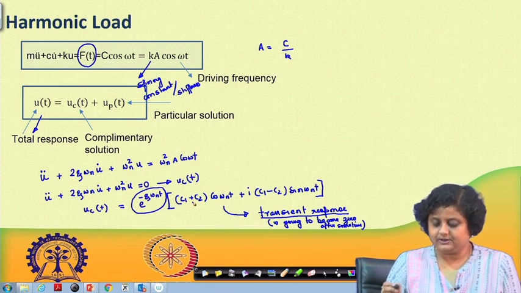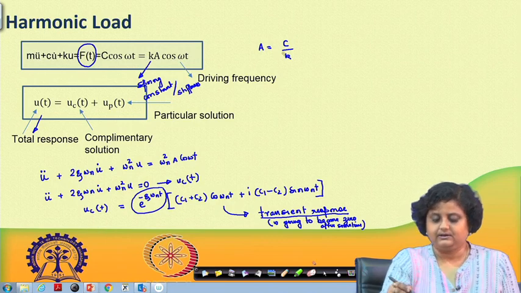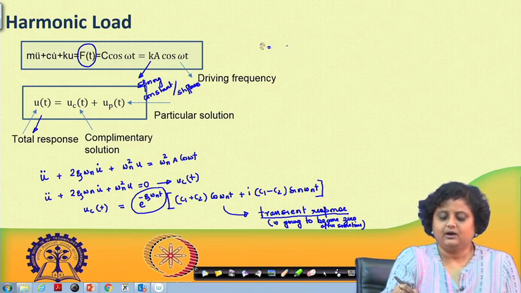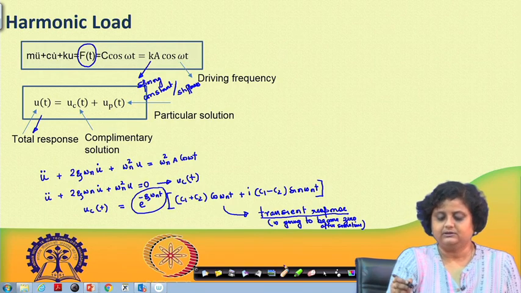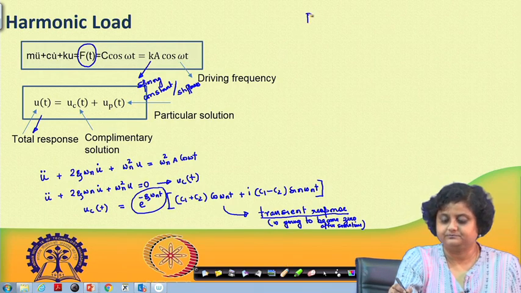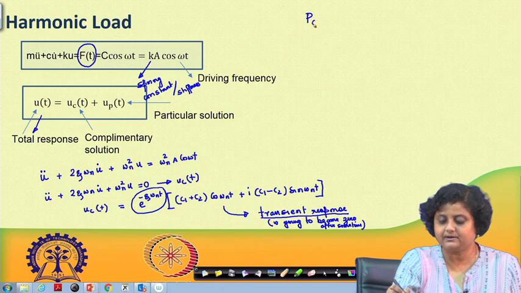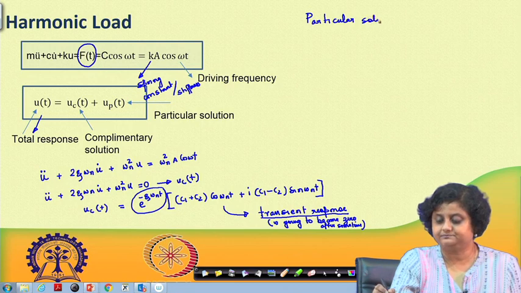Now comes u p, the particular solution. We have found the complementary solution, so let us try to find the particular solution.